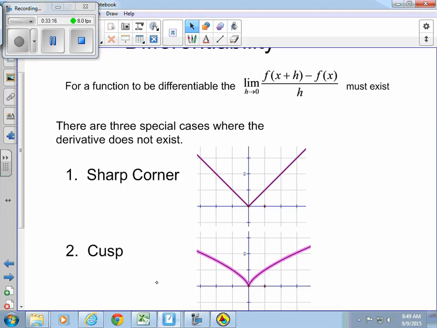At 0, anywhere else, can we find the derivative? It's 1 over here, negative 1 over here. But at 0, it's a problem because the left and right hand limits approach a different thing.